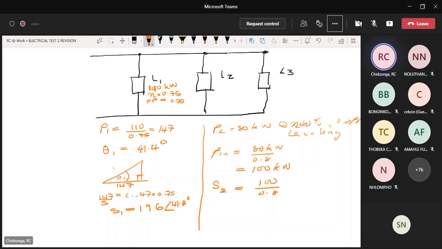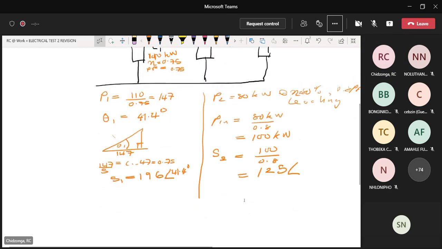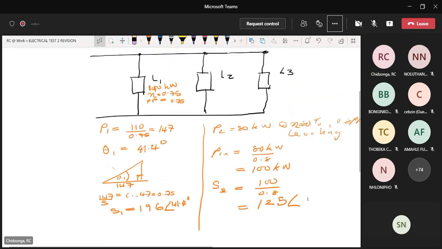So your S2 is equal to 100 divided by 0.8, which is 125. And then what is the angle? I'm doing 36.9.